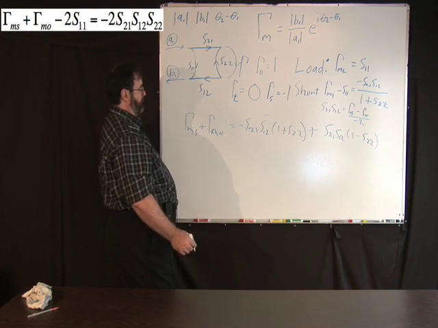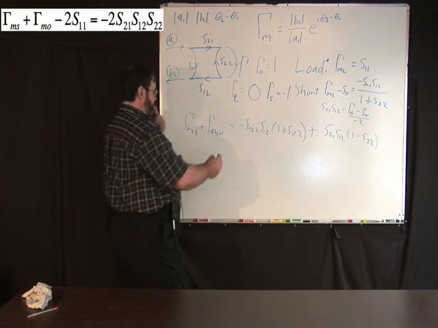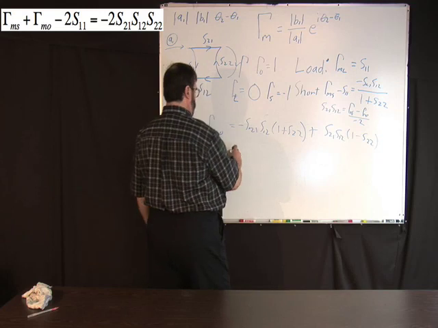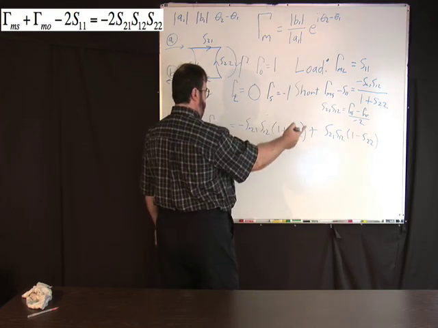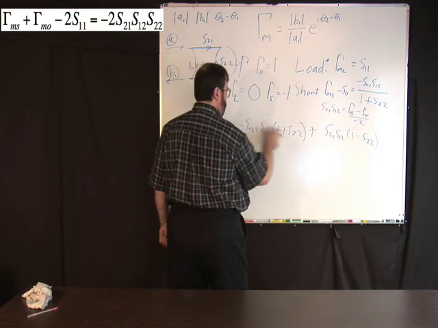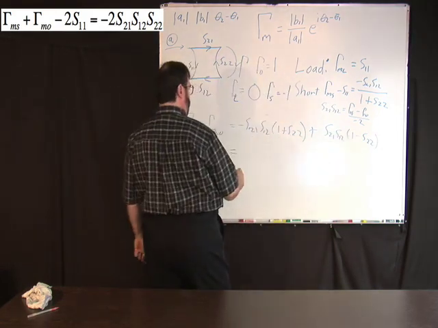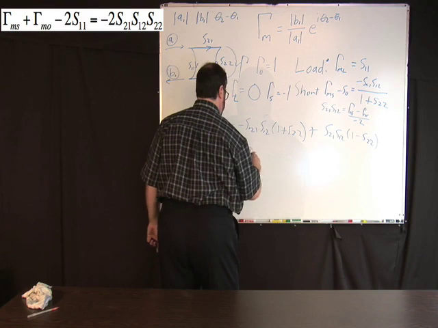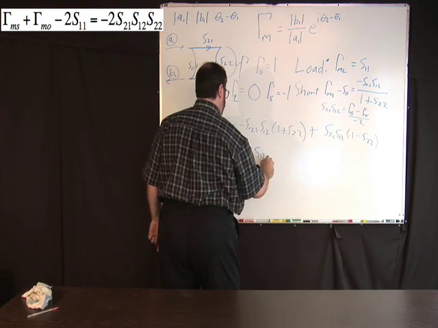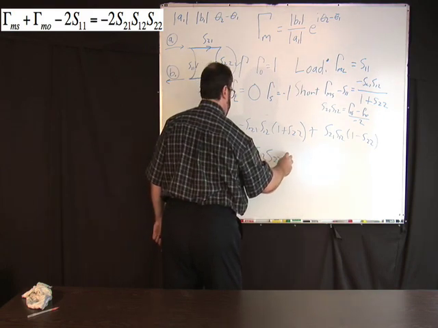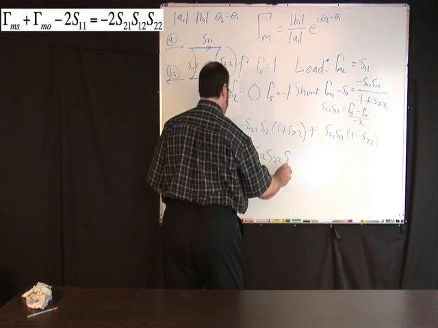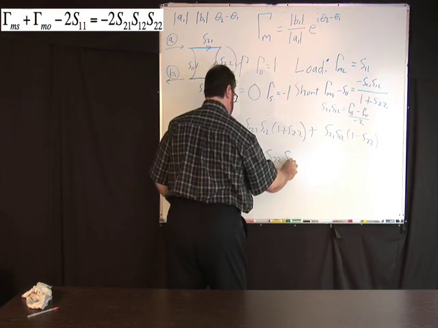Okay, so now what you have is this equals 2. If you want to do the math yourself, this term cancels that term. These terms add together, so you end up with minus 2 S12 S22 S21.